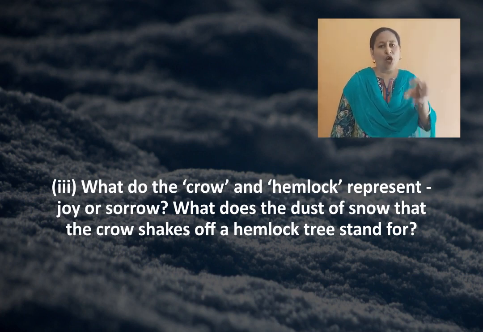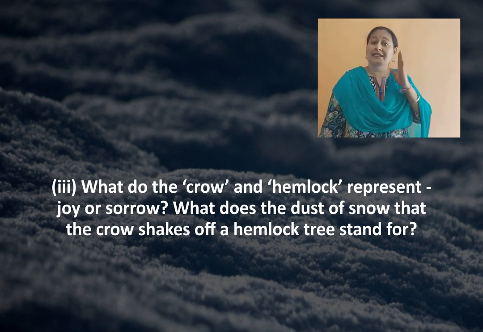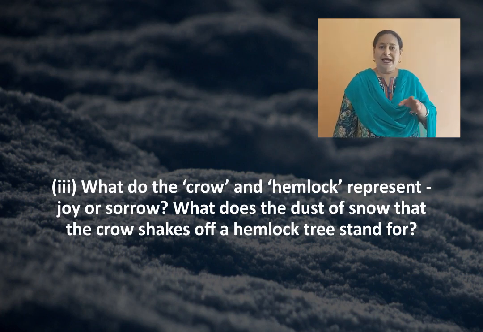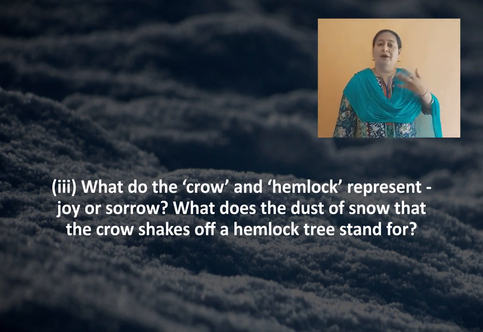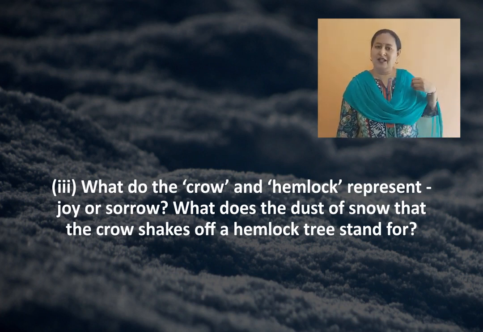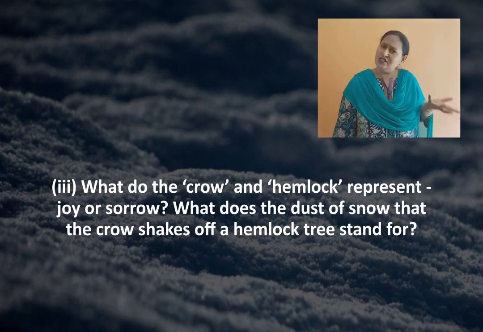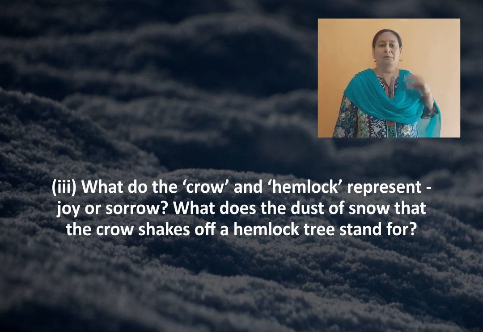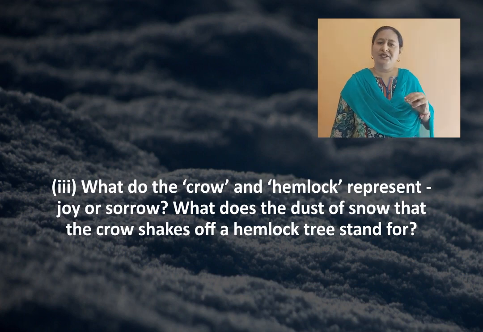It's a natural common incident, but it stands for that moment that brought about a transition in the mood of the poet. So it's a beautiful act, a common act, but it brought about elation in the heart of the poet. That snow that fell was just a common, simple, natural act, but a beautiful act that brought about the change in the poet's mood.